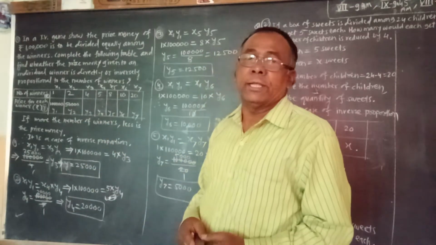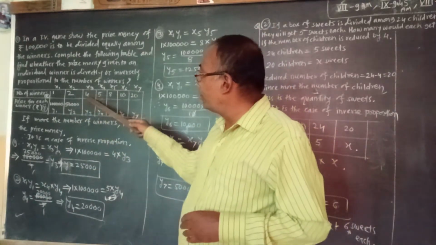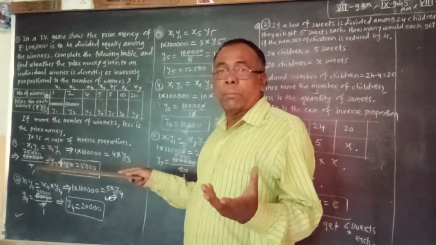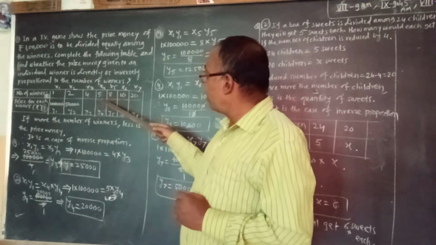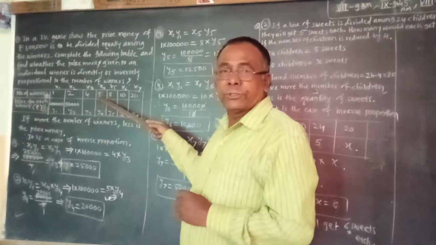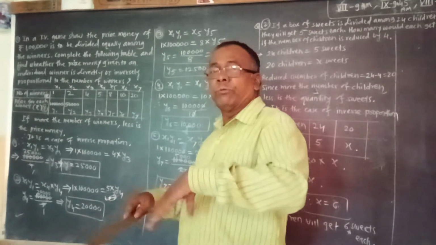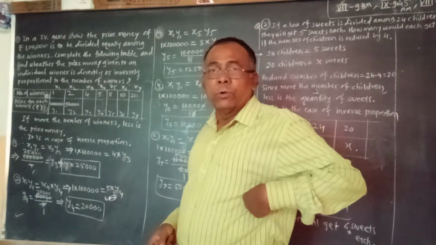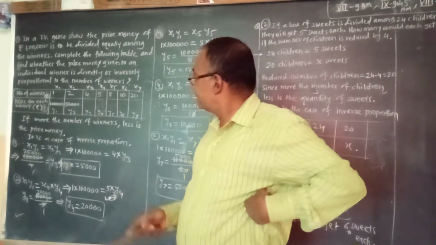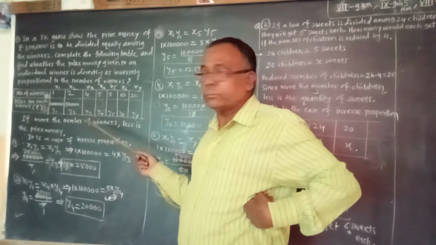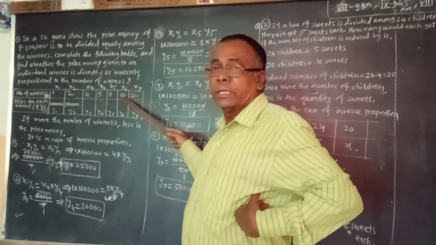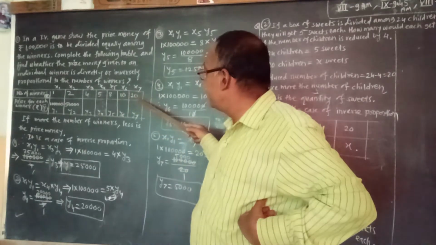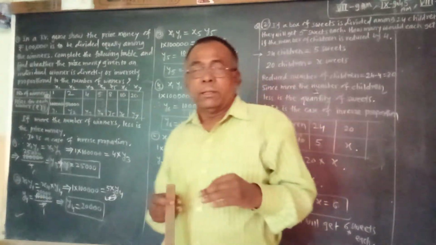Then we have to find, if there are 4 winners, how much will each gain? Or if 5 winners, 8 winners, 10 winners, and 20 winners are there, what will be the prize of each person?